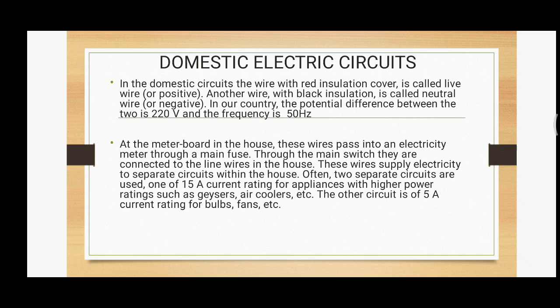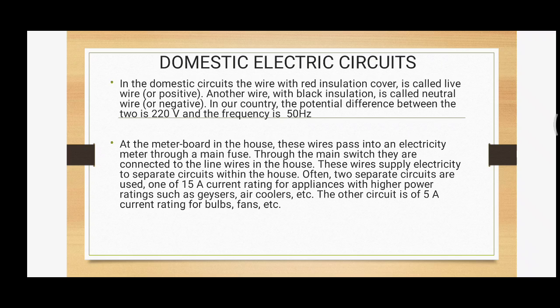After the meter, there will be the main switch, and through the main switch the current passes to the wires, and through the wires the current reaches the plug points, switches, or whichever equipment you are using. For those wires there is some color coding.